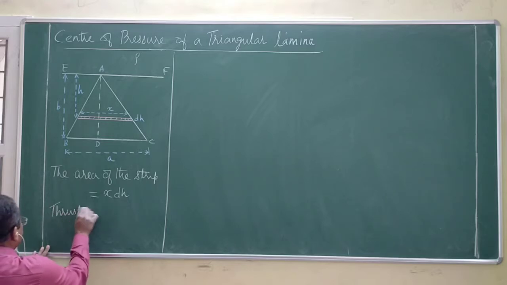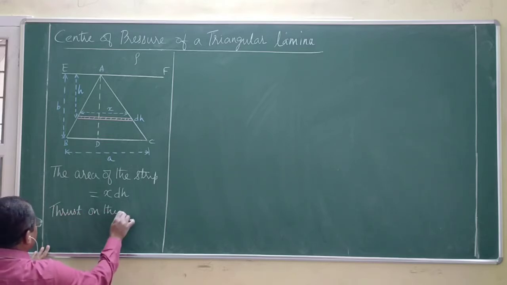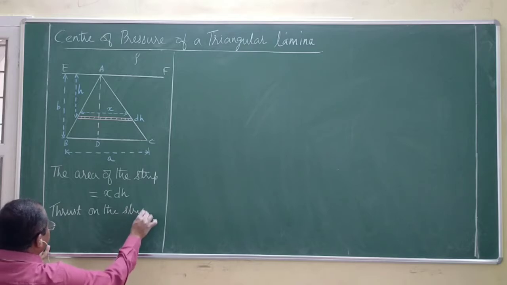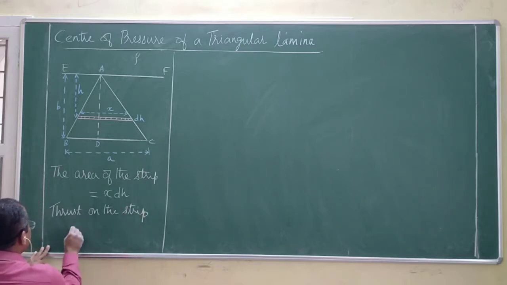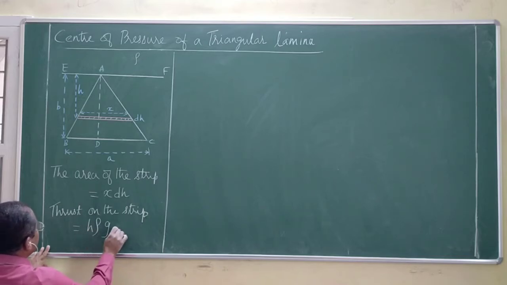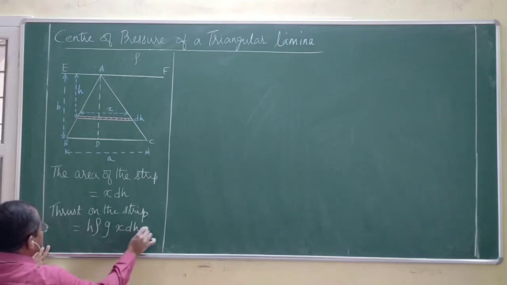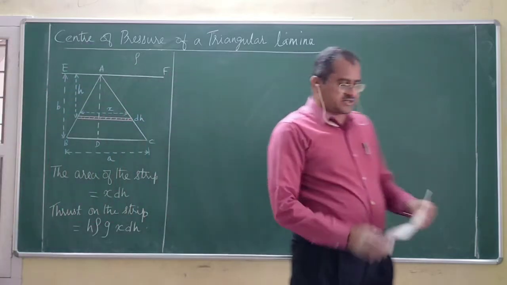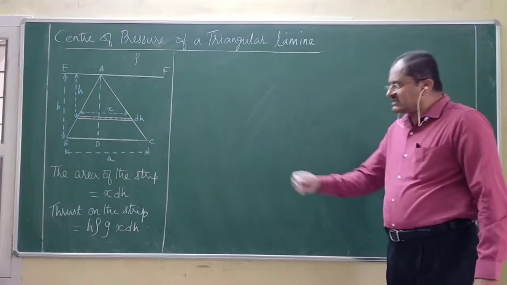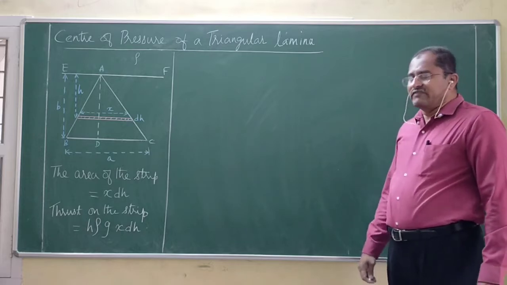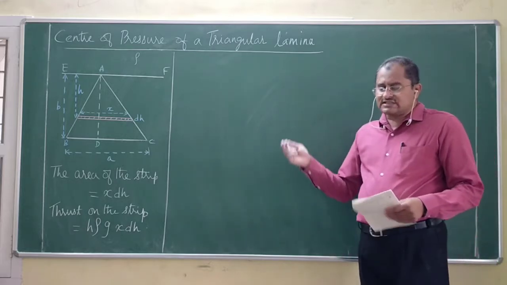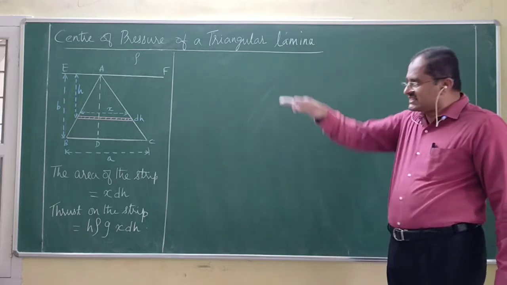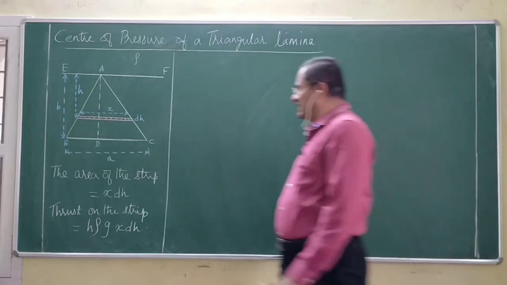Thrust on the strip is h rho g into area, x dh. This is the thrust on the strip. Having determined the thrust on the strip, we can find out the moment of this about the surface EF.